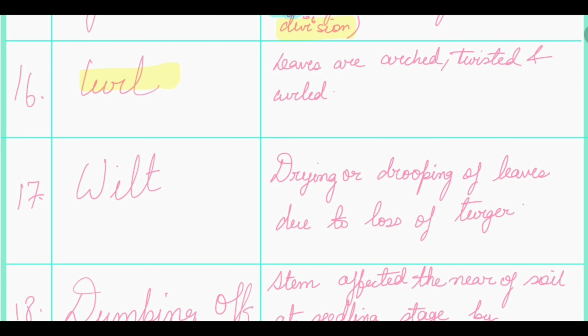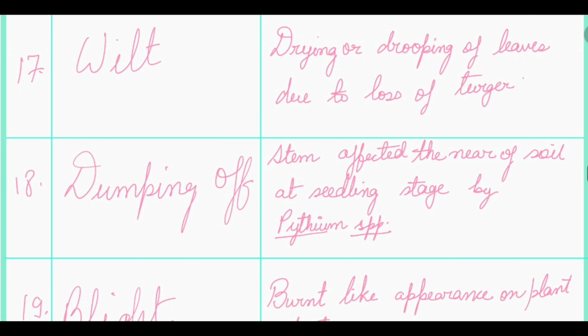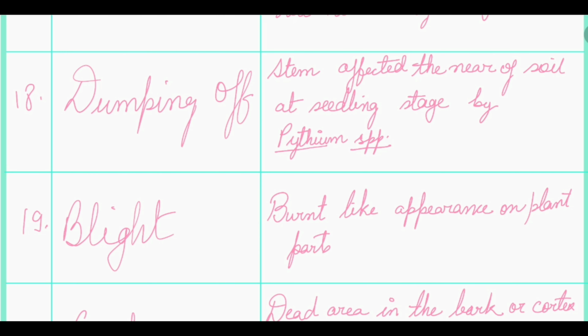As the name suggests, in curl the leaves become curled or twisted or arched. Next comes the wilt. Wilt is just the drooping down of the leaves or the drying of the leaves. Next we see is damping off, in which the stem is affected near the soil, and it happens in the seedling stage, and it is due to Pythium species.